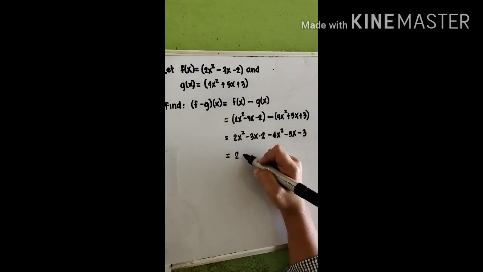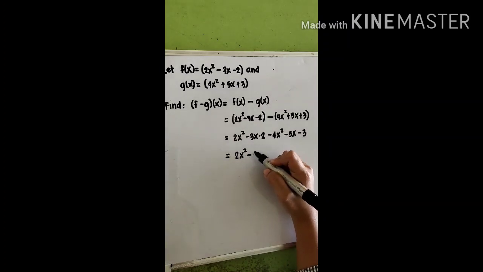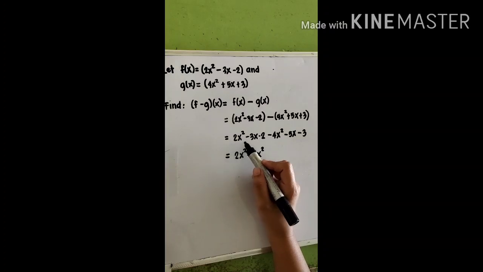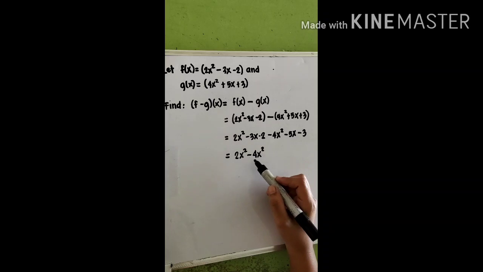It's very important that when rearranging terms, you have to carry with the term its sign. So here we have positive 2x squared is still positive 2x squared. Negative 4x squared is still negative 4x squared.